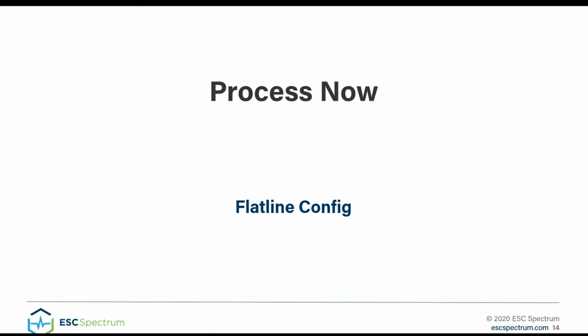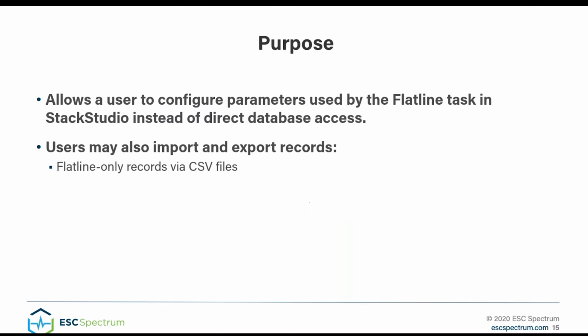Process Now Flatline Config. The Flatline Config allows a user to configure parameters used by the Flatline task in Stack Studio instead of going directly into the SQL database. Users can also import and export records using CSV files.